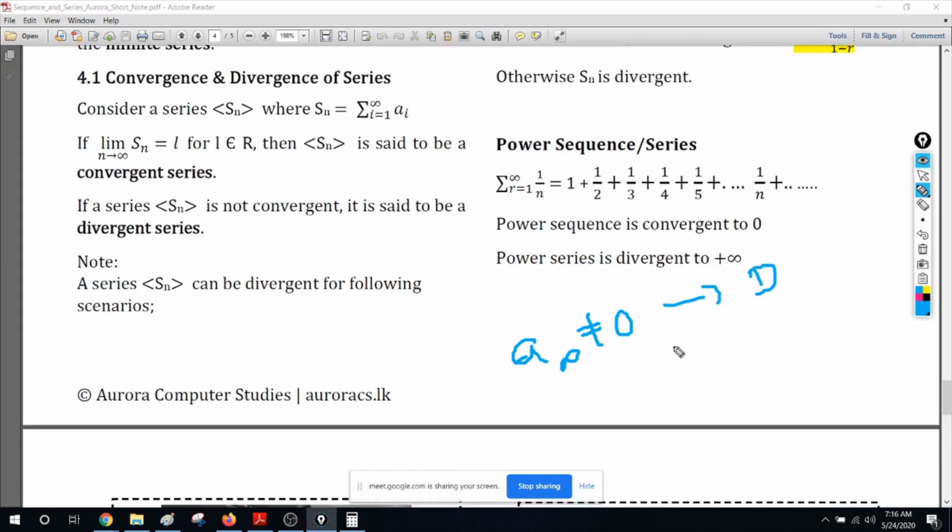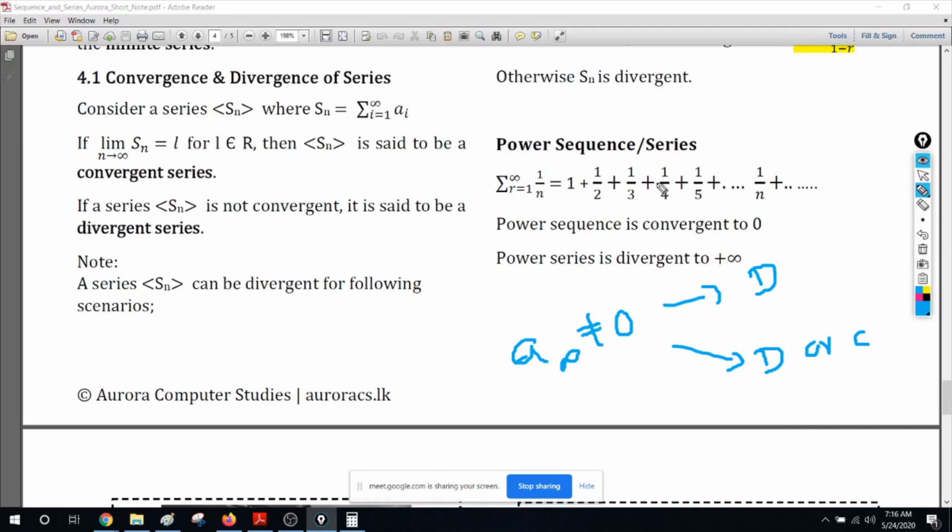If it is otherwise, it can be divergent or it can be convergent. We never know. But if it is not equal to 0, it is definitely divergent. So as I told you, when the infinite term is 0, that means when the sequence is convergent, still the series can be either divergent or convergent.